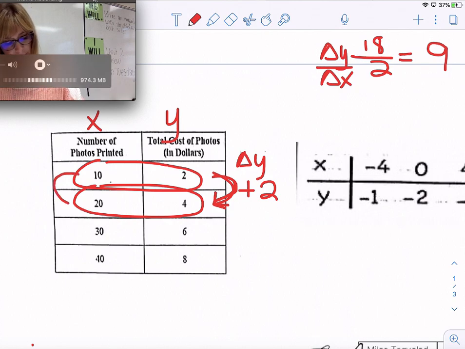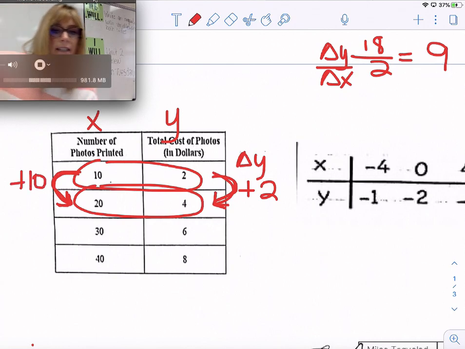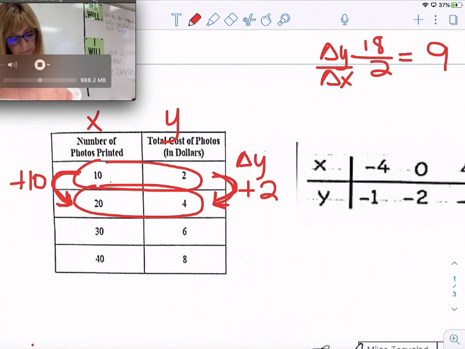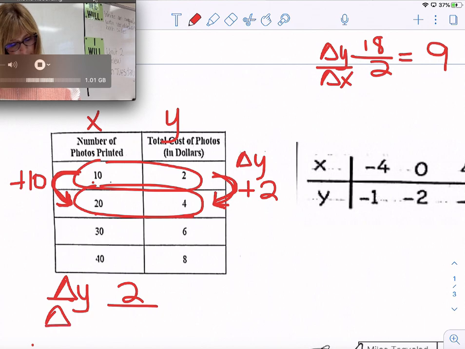And then over here, how do I get from 10 to 20? I can do that pretty easily mentally. I'm adding 10. 10 plus 10 is 20. Or you can subtract 20 minus 10 and get 10. So now I'm going to plug it into the formula. The change in y is 2 over the change in x, which is 10.